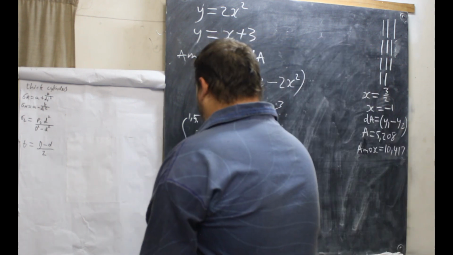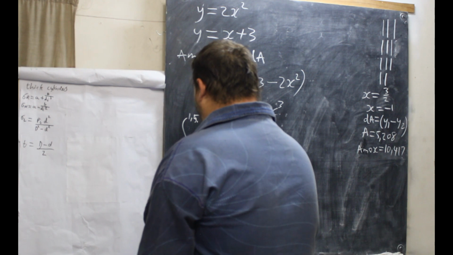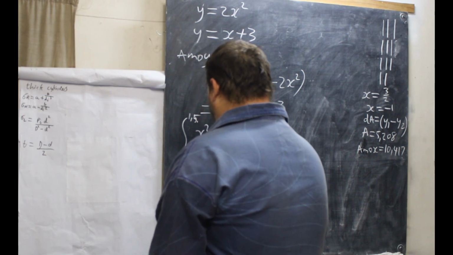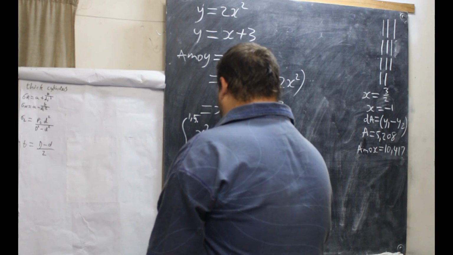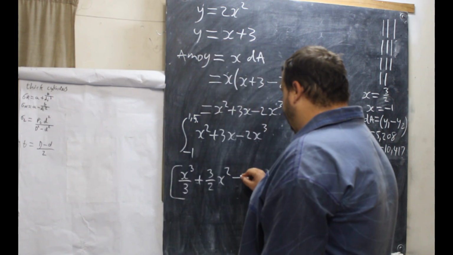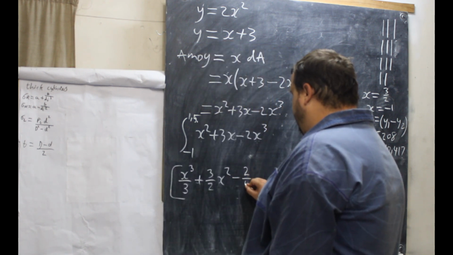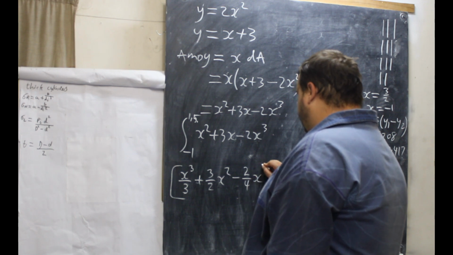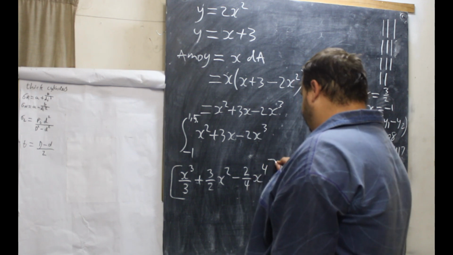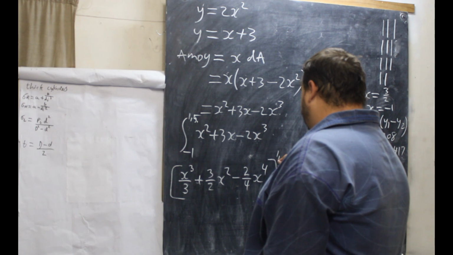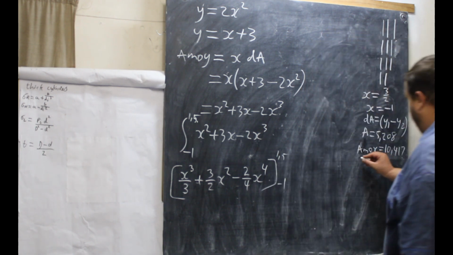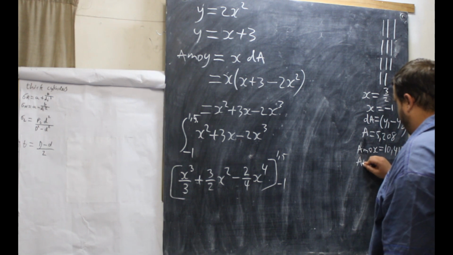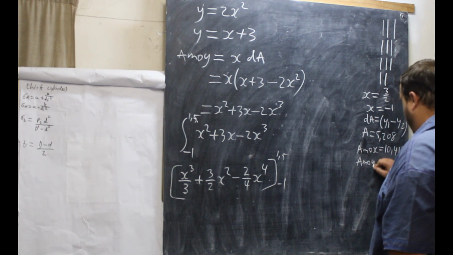So x cubed over 3 plus 3 over 2 x squared minus, say, 2 over 4 x to the power 4, from 1.5 to minus 1. AMOY.